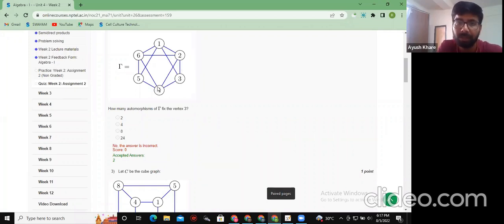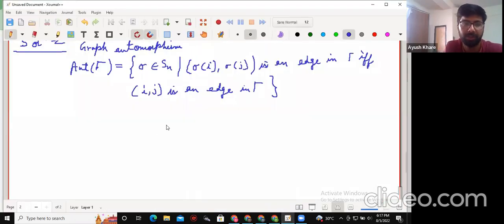So if 3 is mapped to 3, then where can 4 be mapped to? 3 is mapped to 3. So 4 can be mapped to either 4 or 1 or 2. Do you all agree?